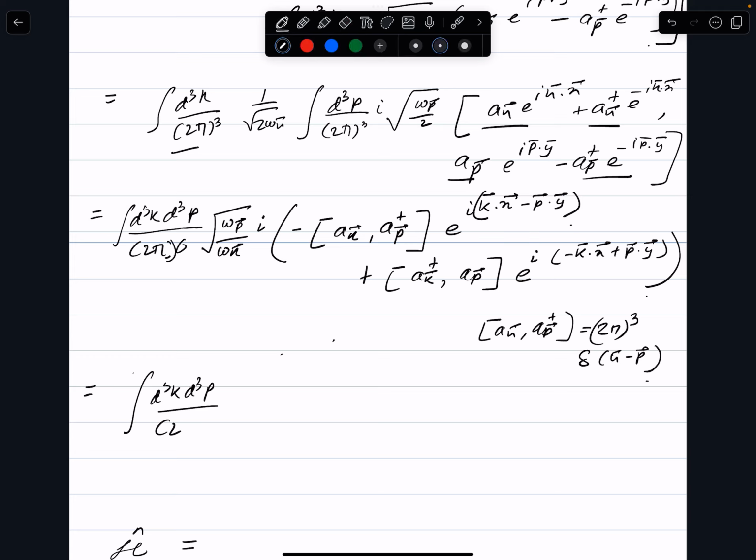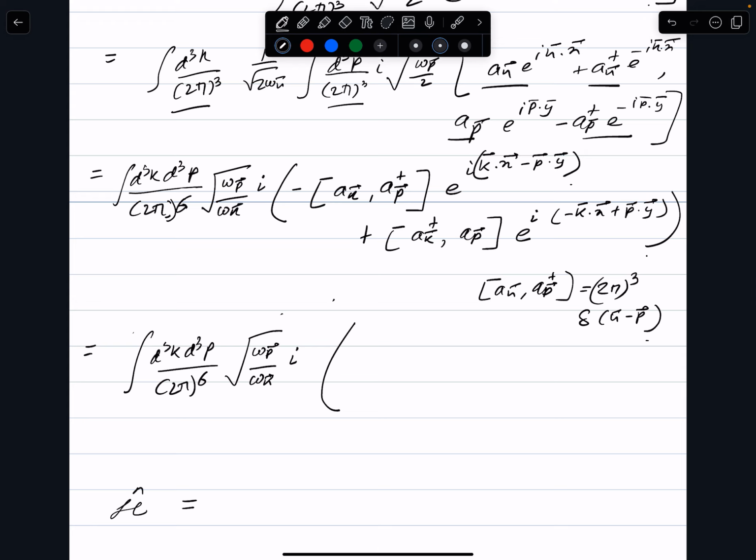There are two 2 pi cubes here and here. Pi to the 6, square root of omega p by omega k, I multiplied by 2 pi cube delta k minus p. So minus sign here, e to the power I k dot x minus p dot y.